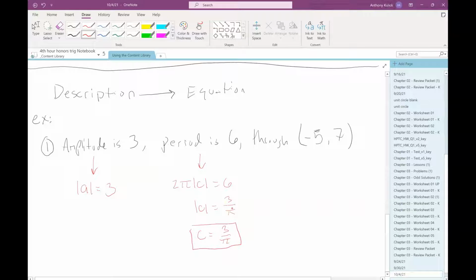Not that there aren't correct answers where C is negative. I just don't find them any easier to get than if I just choose C to be positive. Everybody's okay there?